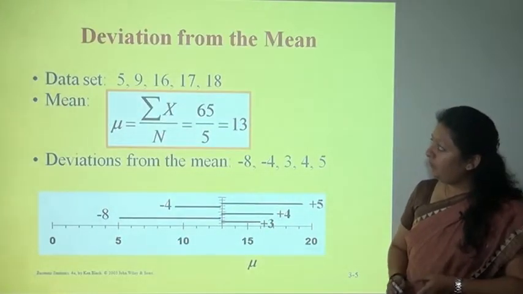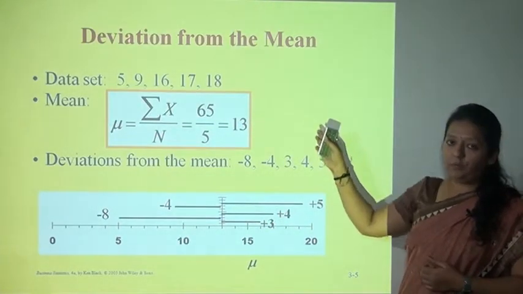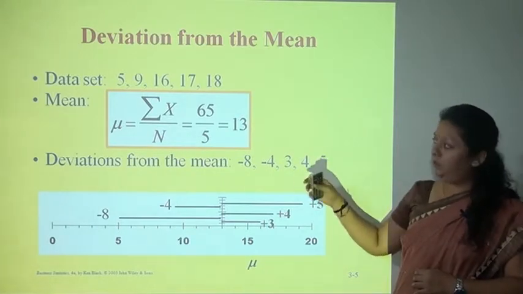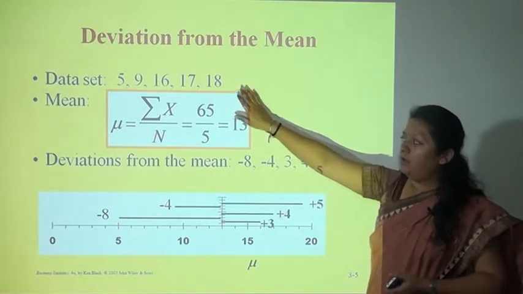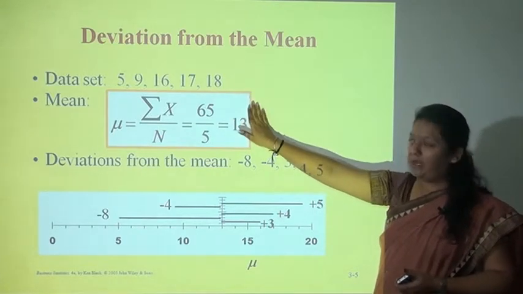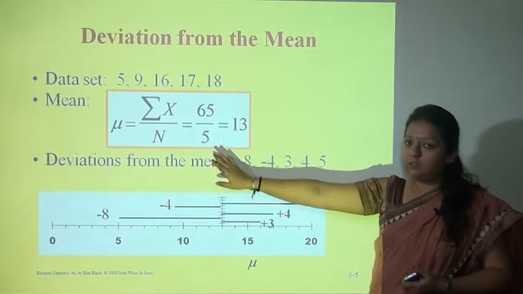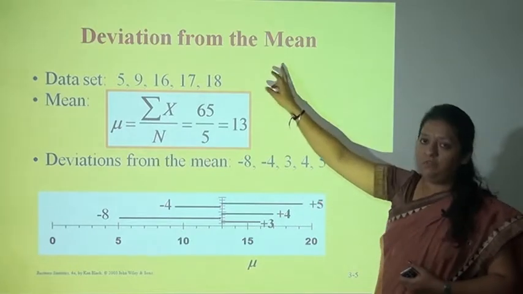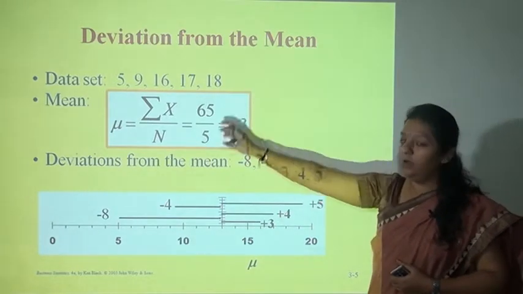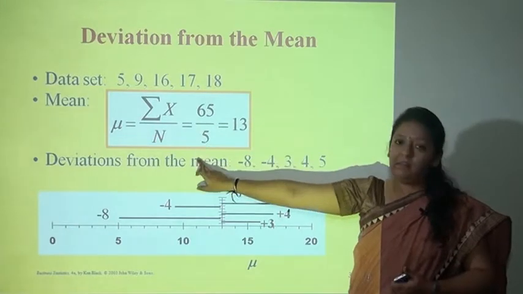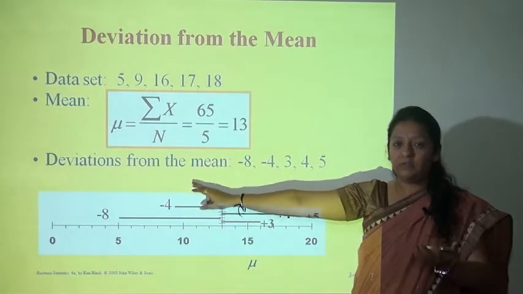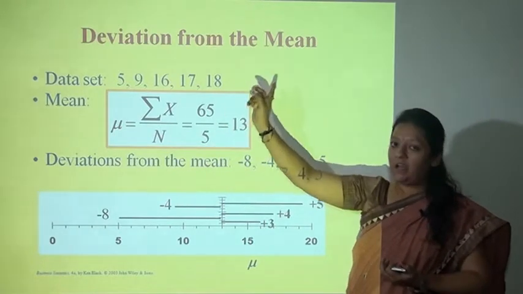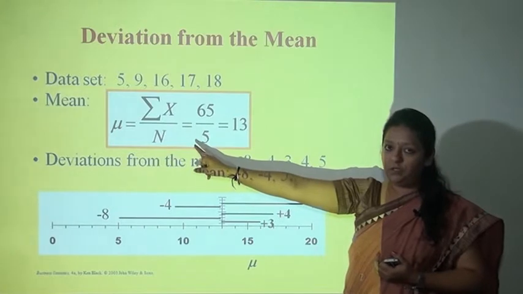Now we'll see the deviation from the mean, how to calculate the mean deviation. If you have raw data of 5, 9, 16, 17 and 18, your first task is to calculate the mean in order to define the mean deviation. The mean mu is equal to sigma x divided by capital N, as we discussed in the previous session, 65 divided by 5, because we have 5 observations in the data set.